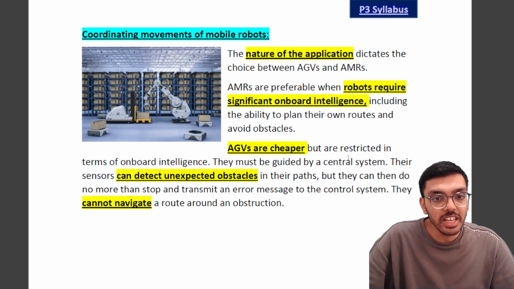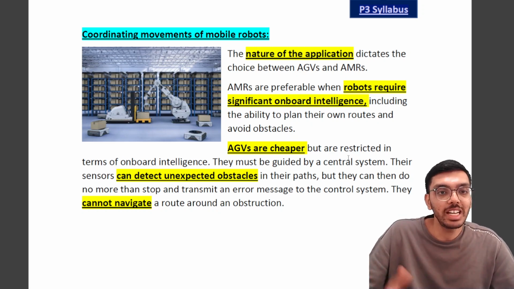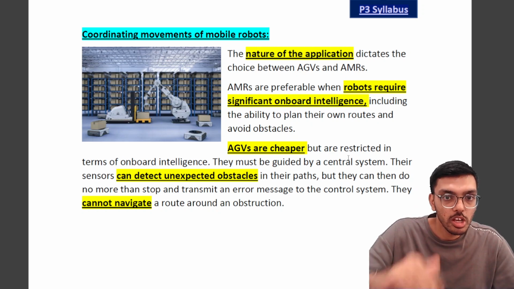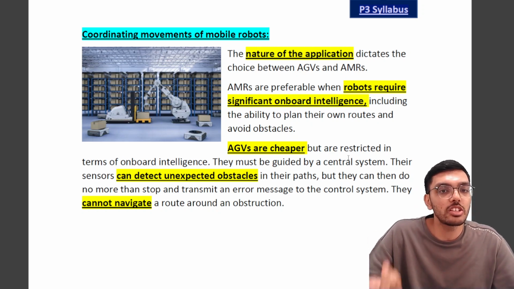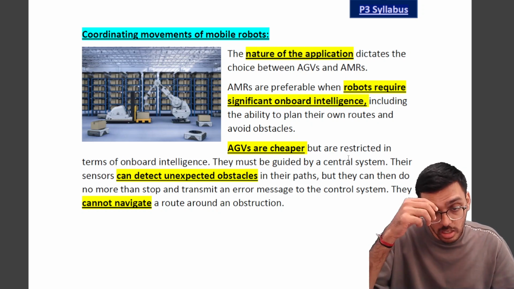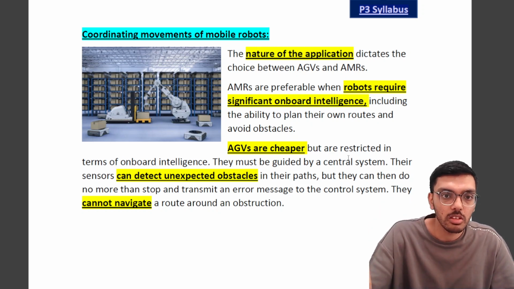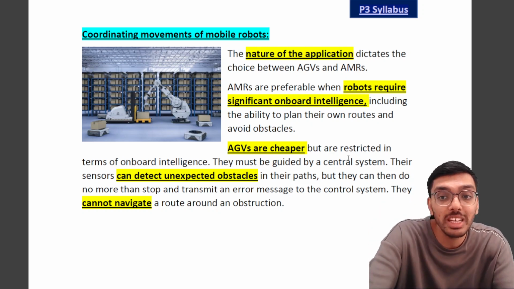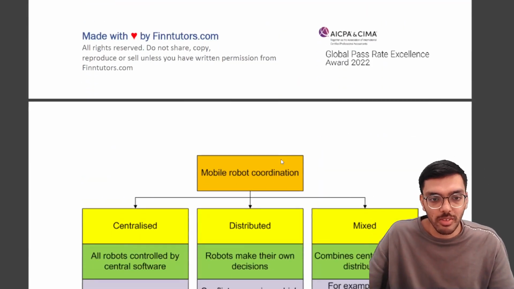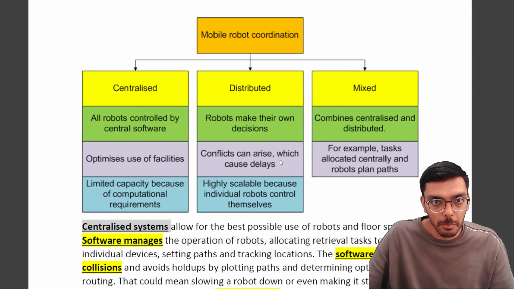Their sensors can detect unexpected obstacles in their paths, but they can do no more than stop and transmit an error message. They can't navigate around it. So that's the disadvantage of an AGV, but it's obviously cheaper, though it needs to be guided by a central system. AMRs, we know their advantages and disadvantages by now.